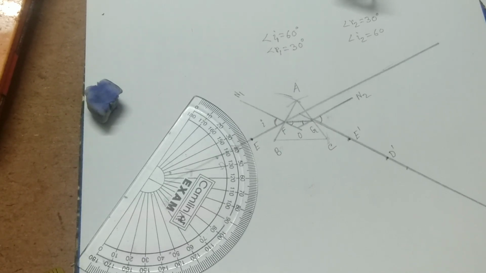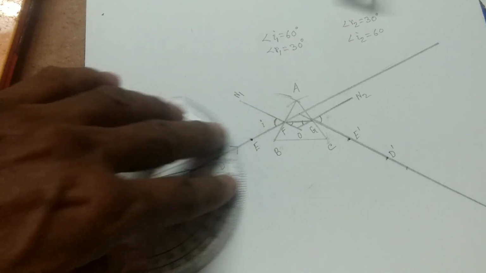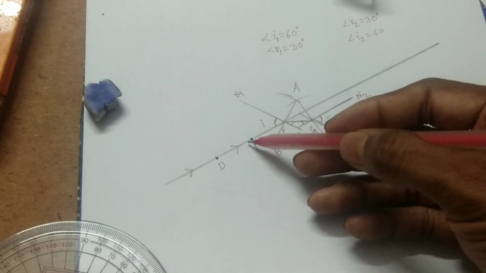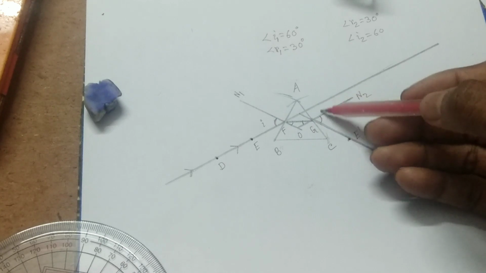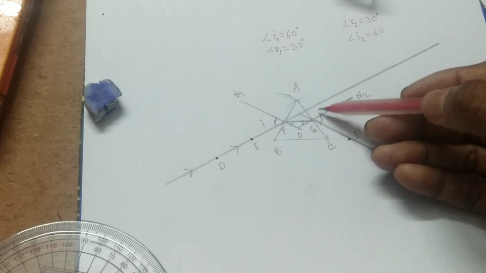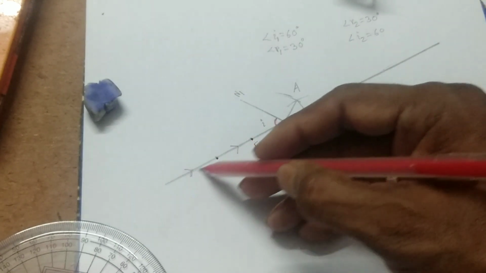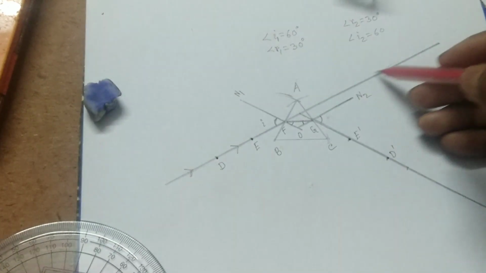Now we find the angle of deviation. The first question is, what is the angle of deviation? Angle of deviation means the angle by which this incident ray deviates from its path. If there is no prism, this incident ray would go through this line.